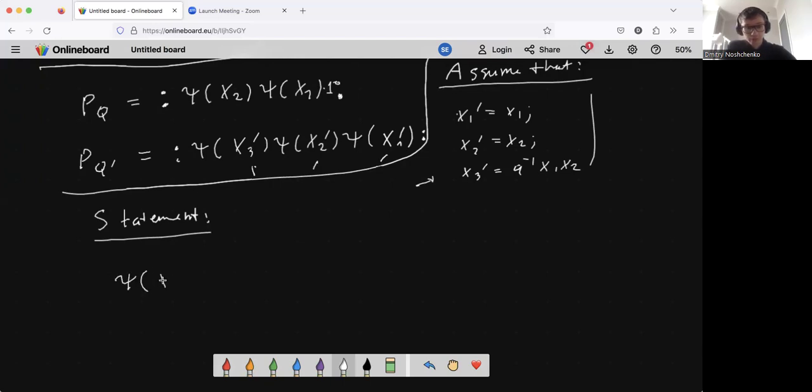So we have psi of x2, psi of x1 equals psi of x1, psi of minus q x1 x2, psi of x2.